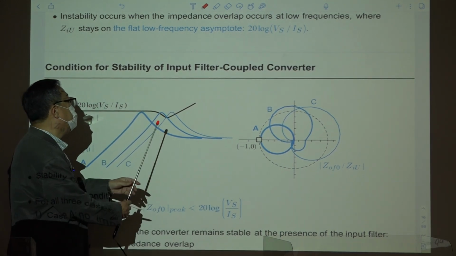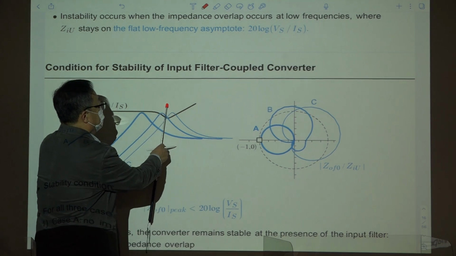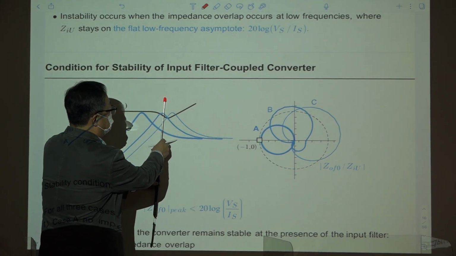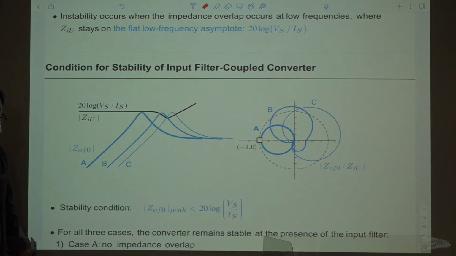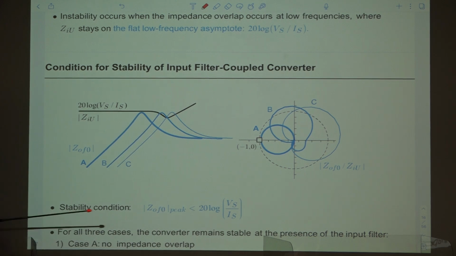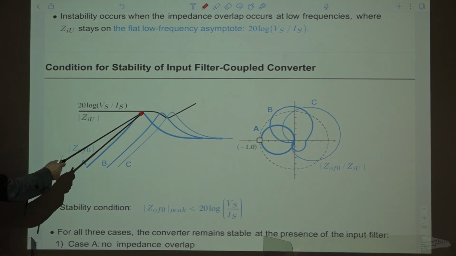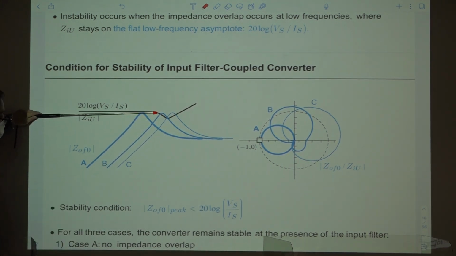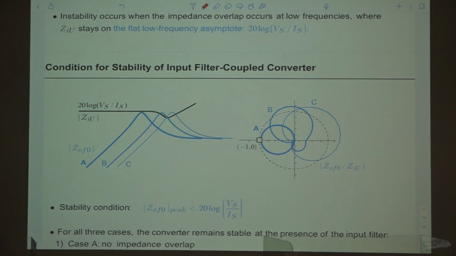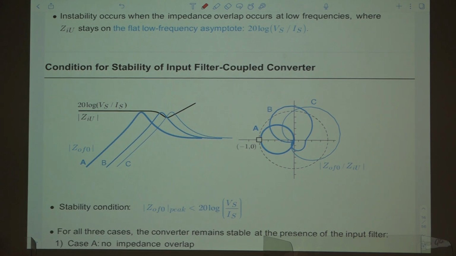Suppose something happened, and the frequency of this peak moves in this direction, then the system becomes unstable, right? So this is the minimum requirement. If this peak value of output impedance of infilter is lower than this low frequency magnitude of the converter's input impedance, then we have a stable system, but that is the minimum requirement.